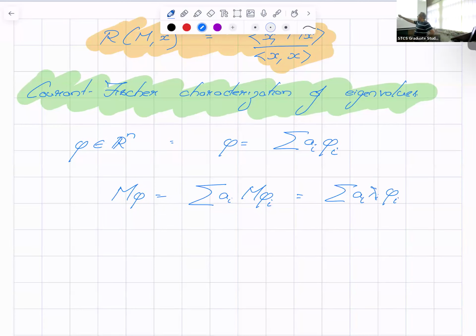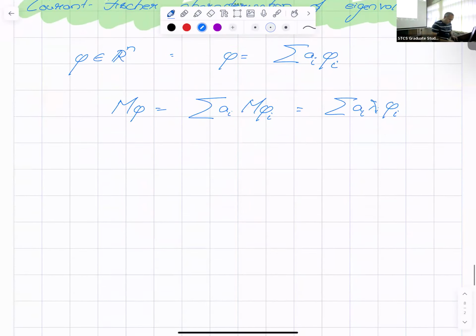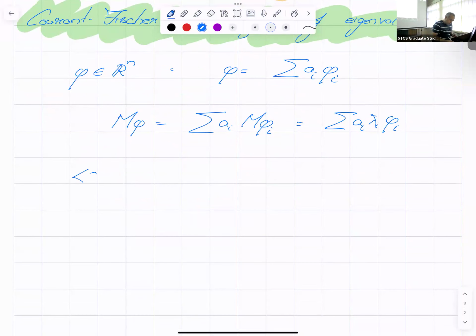So multiplying by the matrix M just scales the coefficients a_i by the lambda_i. Now let's look at the inner product of phi with itself.